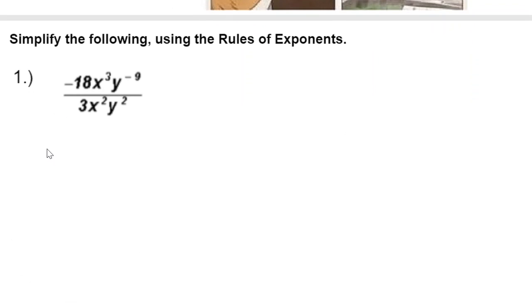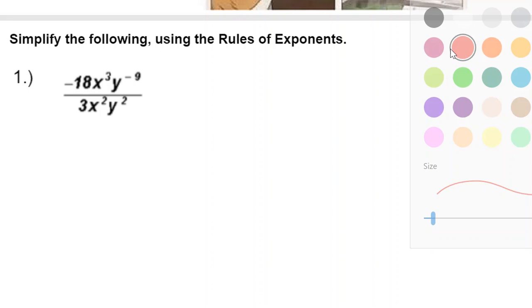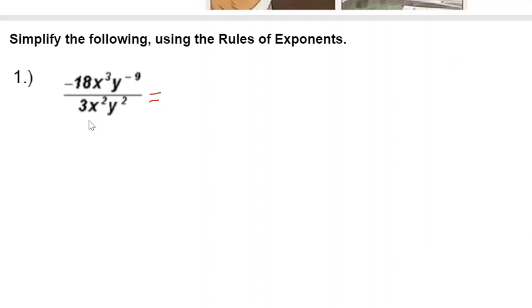All right, first one. My suggestion with these is usually that you subtract down and start out with negative exponents first, and then simplify from there. Negative 18 divided by 3 is negative 6. 3 minus 2 leaves me x to the 1. Negative 9 minus 2 leaves me y to the negative 11.